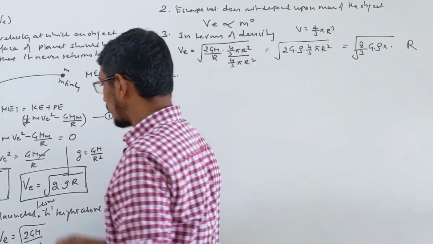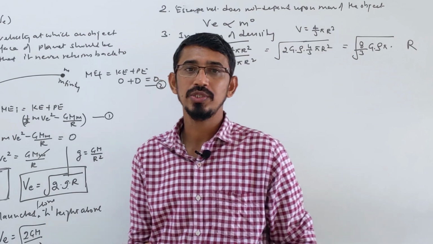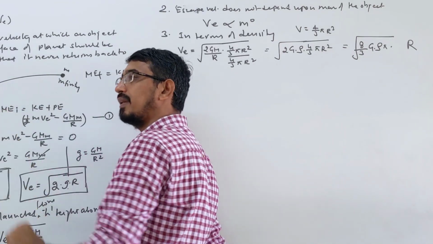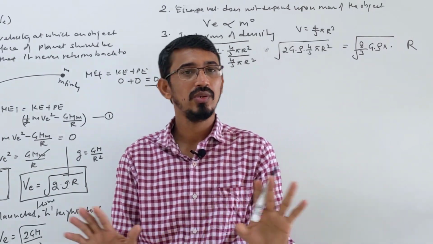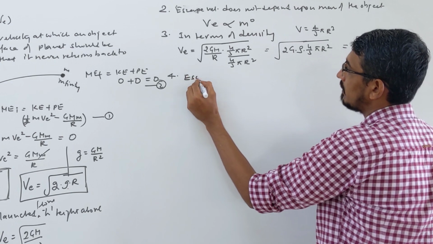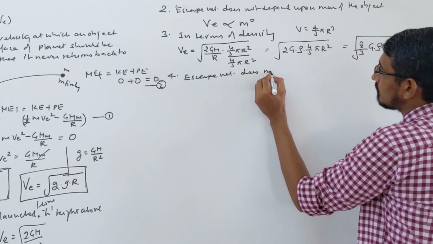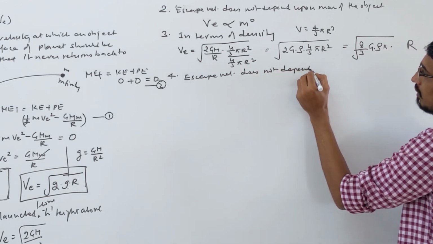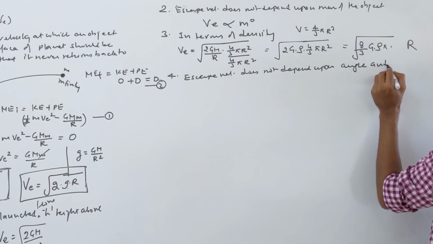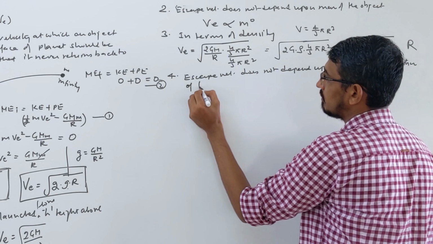Then suppose they ask, does it depend upon the direction or angle of launching? I can launch one object straight upward, another at some different angle. Does it depend upon that? What is the answer? No, it does not depend. So I am writing a point here that escape velocity does not depend upon angle and direction of launching.